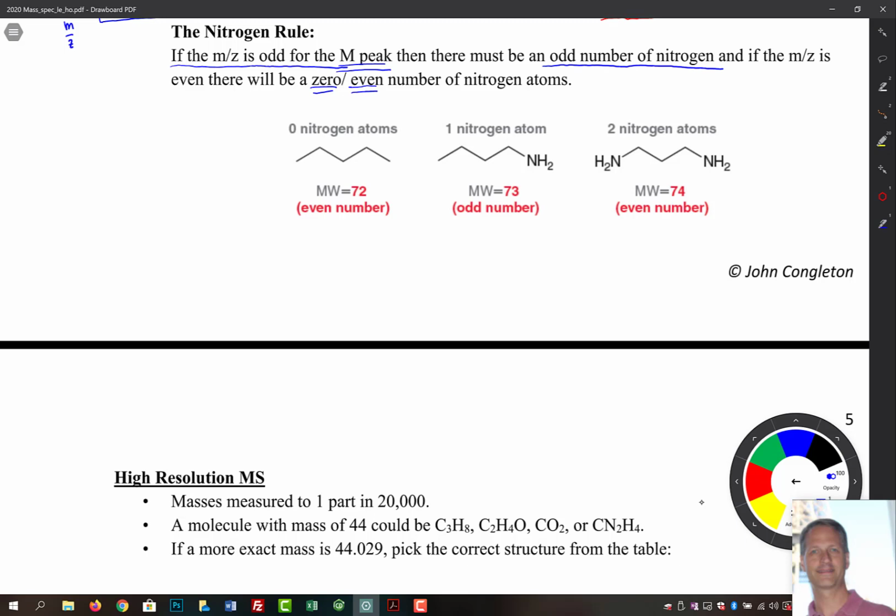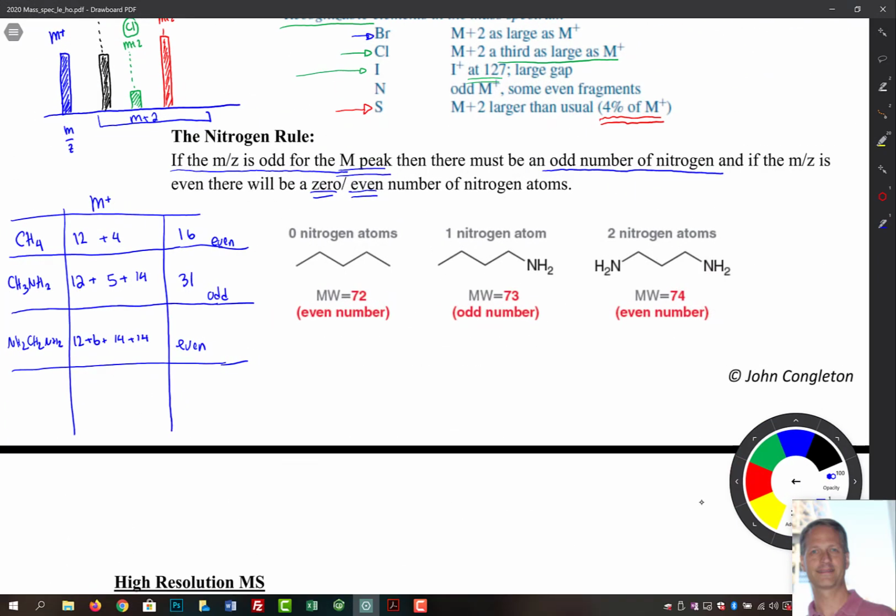Now often we're given other data, so we can sometimes detect the presence of nitrogen based on, for example, what the IR spectrum looks like. But if you have an odd molar mass, that's usually a wink wink that you're going to have an odd number of nitrogens present. Now part of the idea of this odd even thing comes from the fact that when you put a nitrogen in, you're losing one H atom when you add one nitrogen.